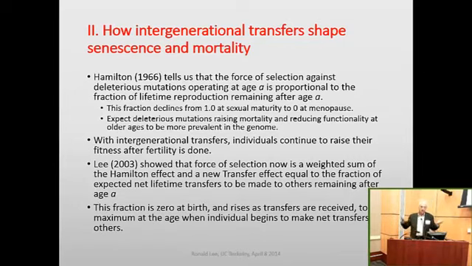Remaining fertility is 0, and mortality rises catastrophically, the so-called wall of death idea. Okay, so that sort of sets the stage for thinking about the way intergenerational transfers might affect this mutation accumulation story. And the idea is very simple.